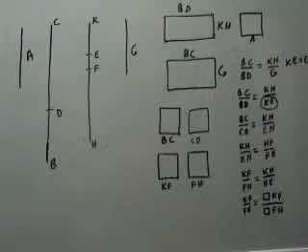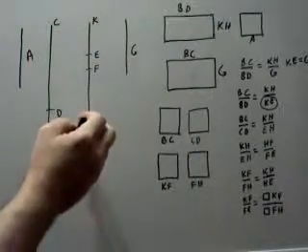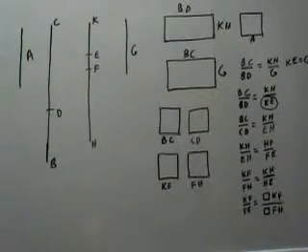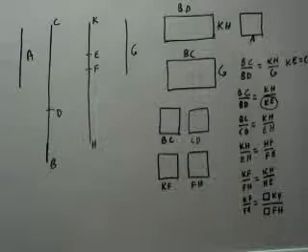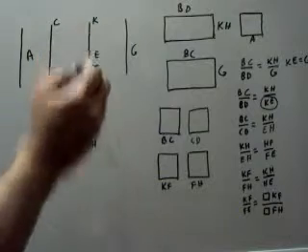Let it be contrived that as KH is to HE, now what is KH? That's this line right here. What is HE? That's this line right here. So is HF to FE.